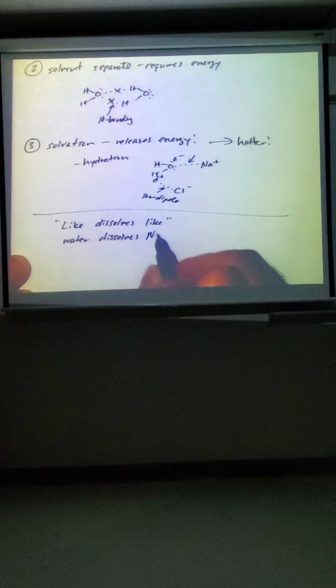The last thing we need to understand about solutions is something that we just kind of mentioned a moment ago. Like dissolves like. So water dissolves salt.